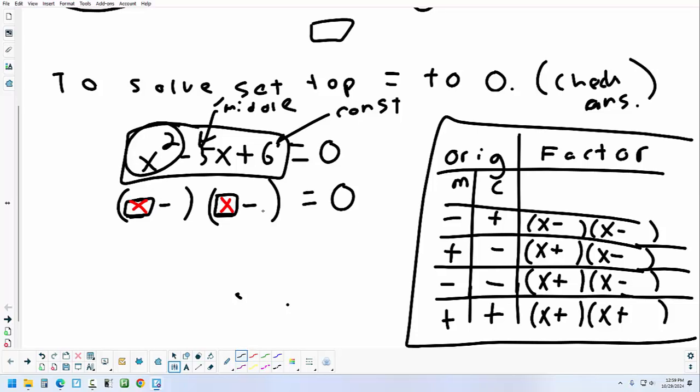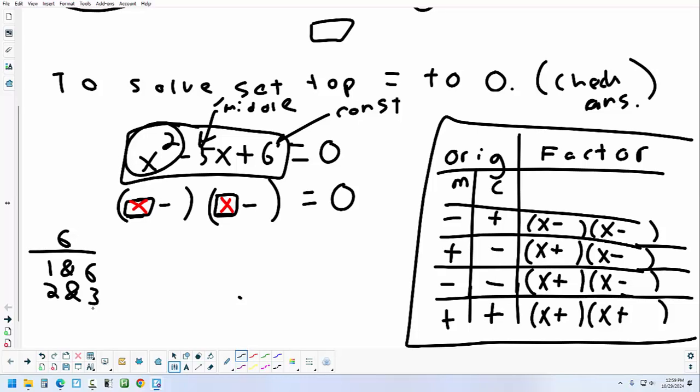All right, so now you have to figure out what the last 2 numbers are. They need to multiply to give you 6. So if you want, off to the side, make a chart of all the numbers that multiply to give you 6. 1 and 6, 2 and 3. In this case, we're looking for 2 numbers that multiply to give me 6, and they add to give me 5.